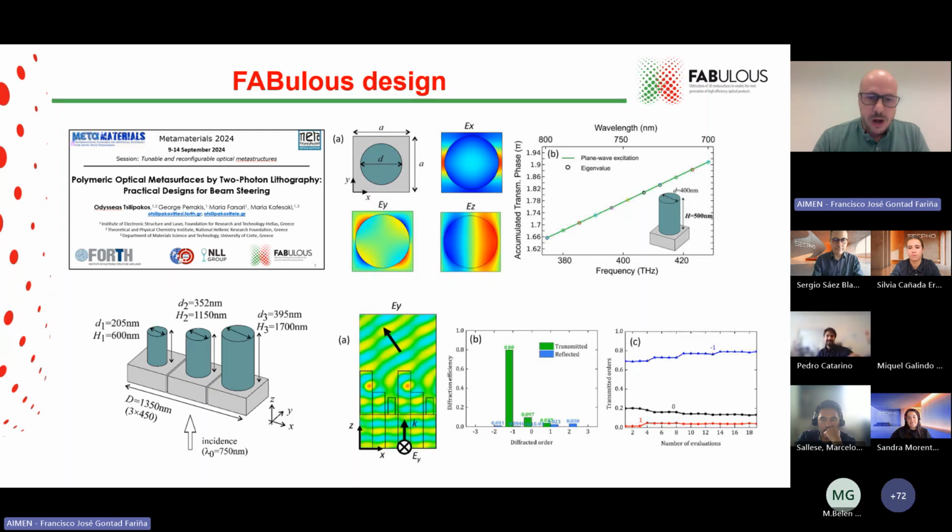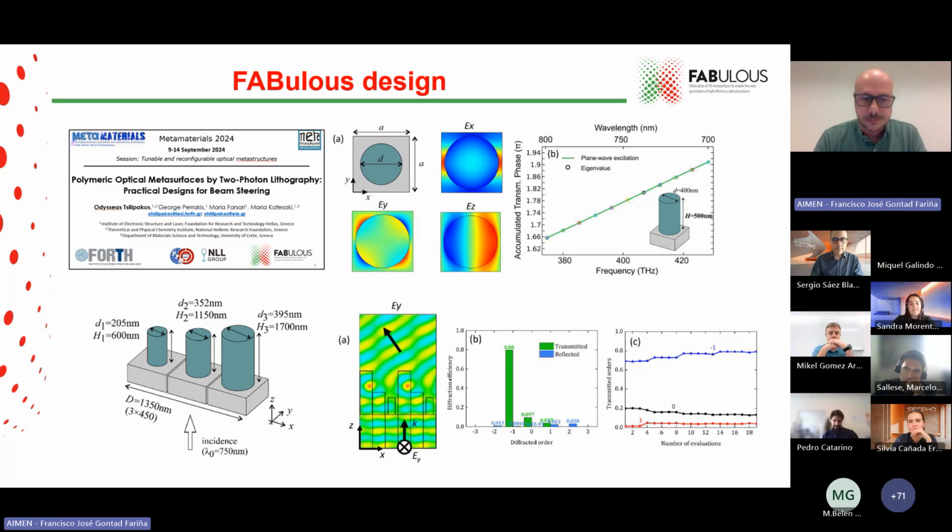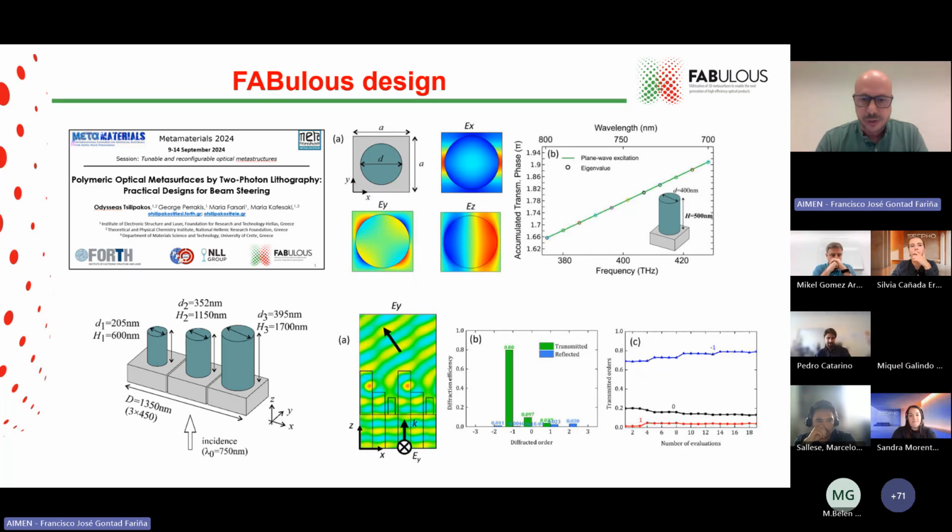Once we know how the phase changes in each of these small structures, we can create a lookup table with a full range of these meta-atoms. And by changing the distribution of these meta-atoms with different heights and sizes, we can tailor the way the light interacts with these metal surfaces, providing beam steering or beam focusing in a very simple way.